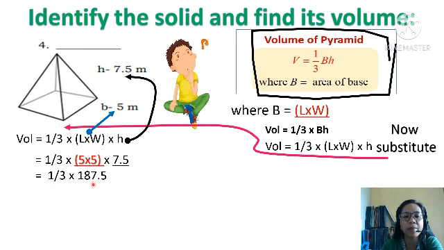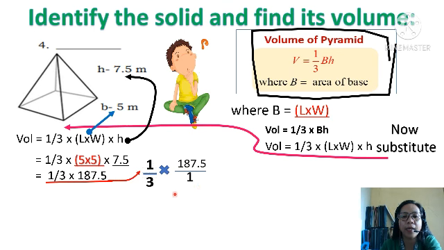Ganito yon para hindi malito. Okay? 1/3 times 187.5 over 1. Okay? Tandaan, kapag fraction, i-multiply mo sa whole number, automatic yung kanyang denominator ay 1. Okay?